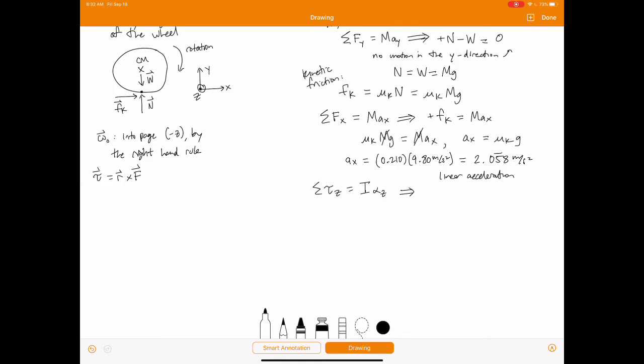So the weight does not induce a torque. And the reason for that is that r is equal to 0, because that force acts right on the axis of rotation. And in the same way, the normal force does not induce a torque.